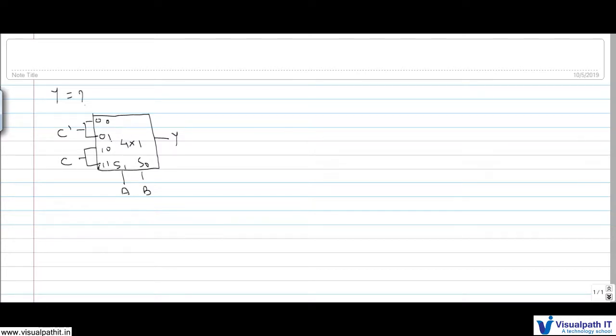So Y will be c dash a dash b dash plus c dash a dash b plus c a b dash plus c a b. So this mux is producing this function, right?